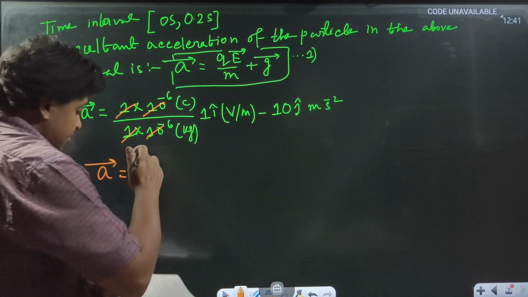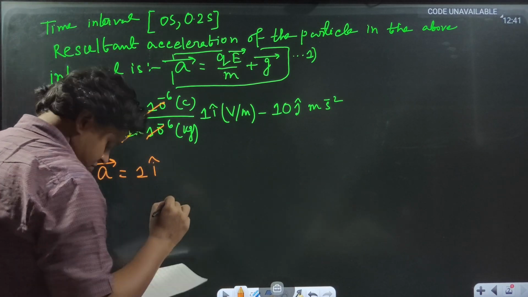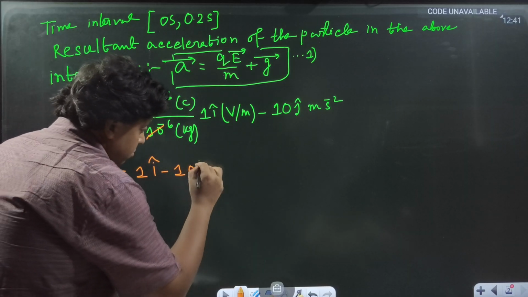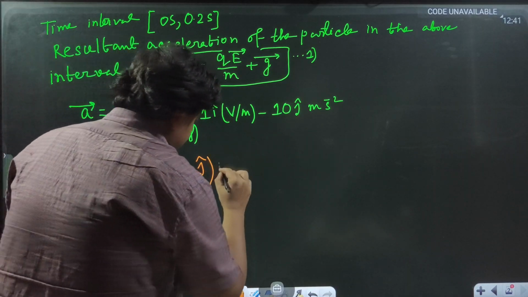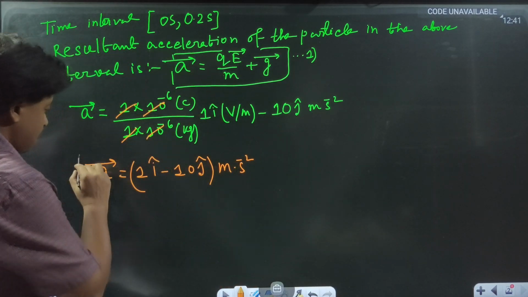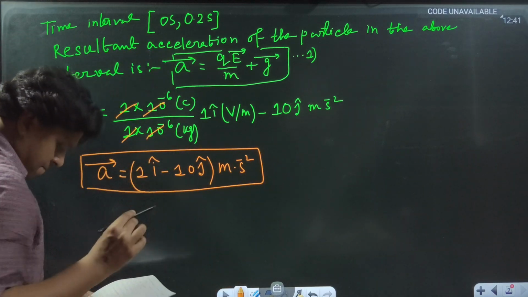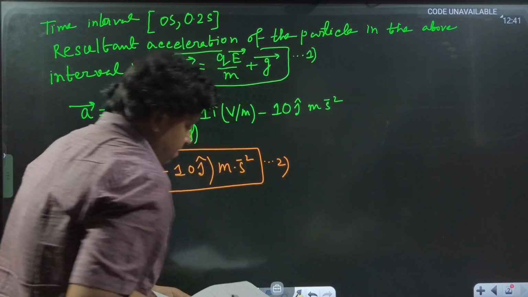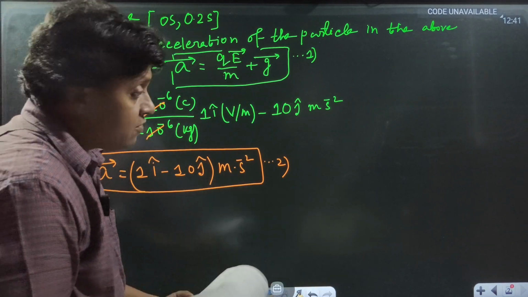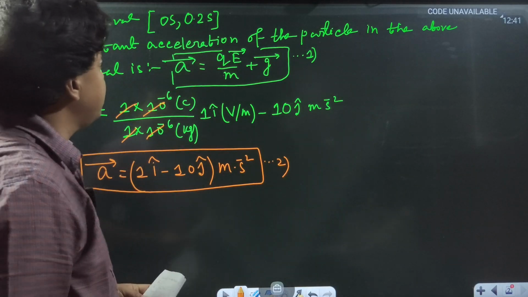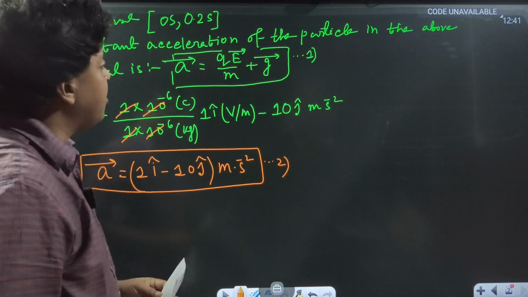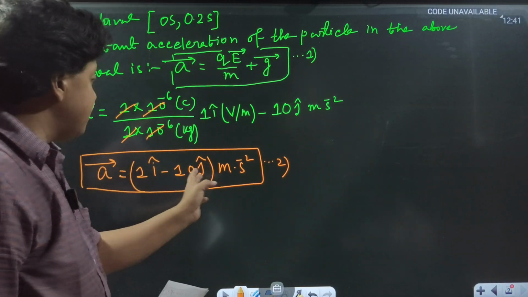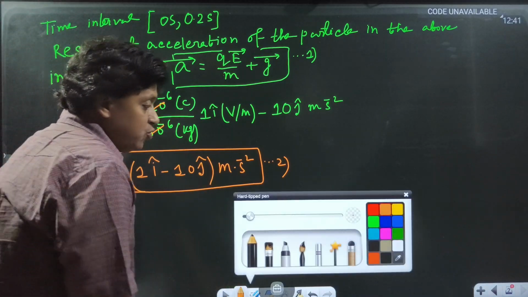So a vector turns out to be equal to, that is, in the time interval 0 second to 0.2 second, both the upper and lower bound inclusive, the acceleration vector of the particle is given by equation number 2.